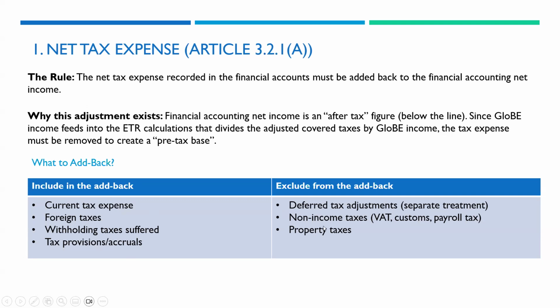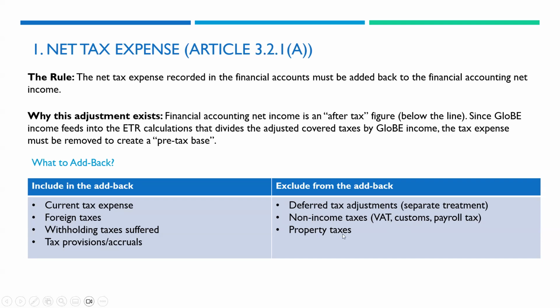Deferred tax adjustments: you don't add back deferred taxes, or non-income taxes like VAT, customs, and payroll. It is very rare that you find VAT as an expense, but if you are paying VAT for which you are not getting a credit, no need to exclude that.